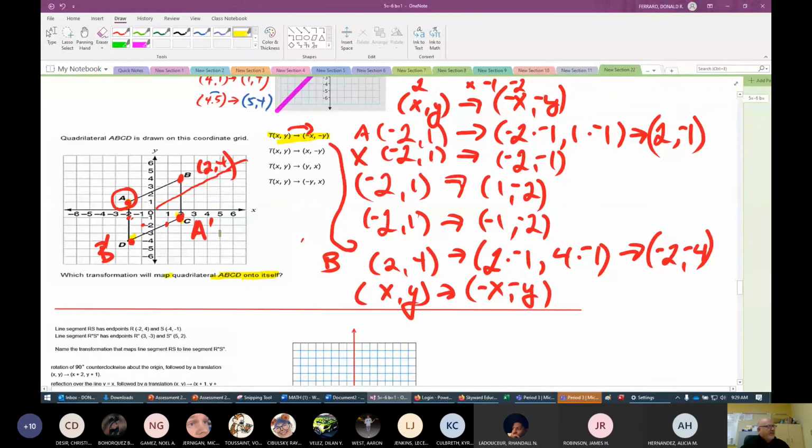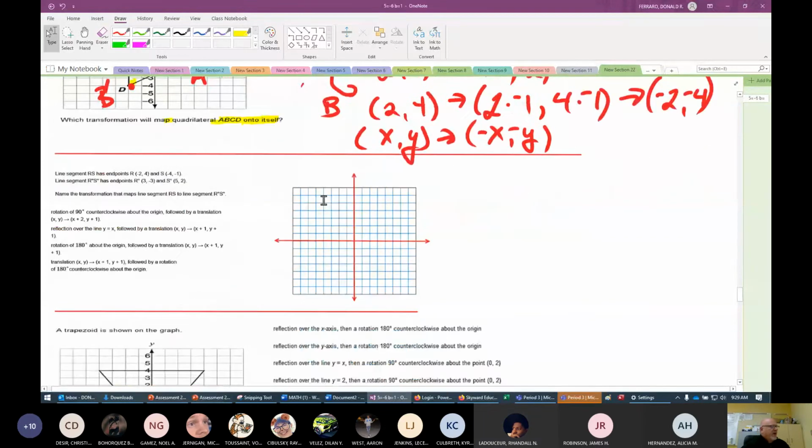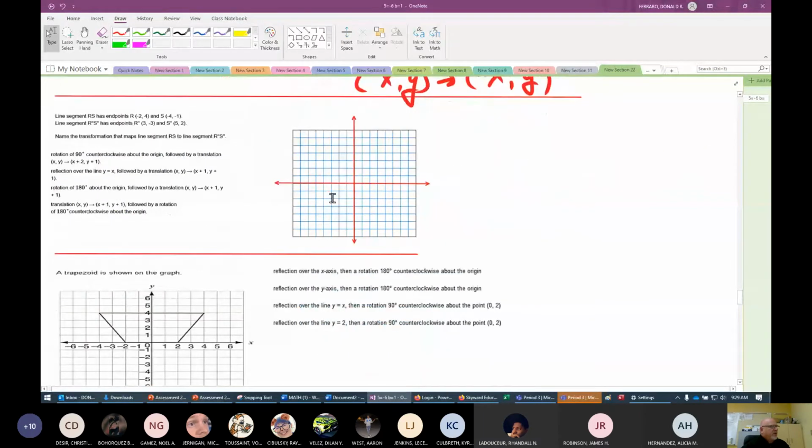Yeah. All right. So let's go down to the second one. With this second one, what they tell us is we've got line segment RS has endpoints R, which is -2 comma 4, and S, which is -4 comma -1. The first thing I want to do here is map these two lines.